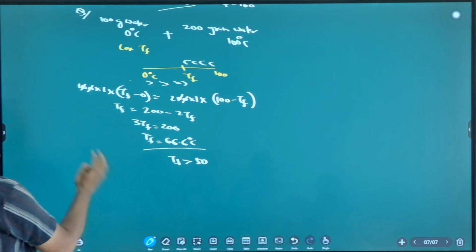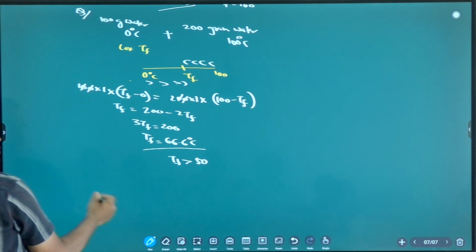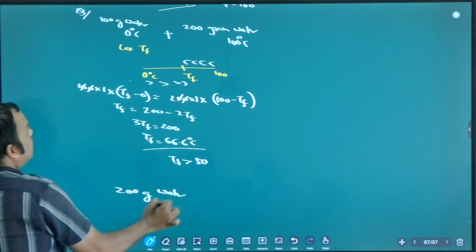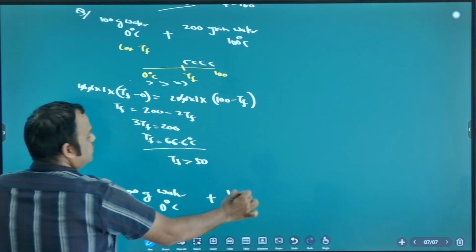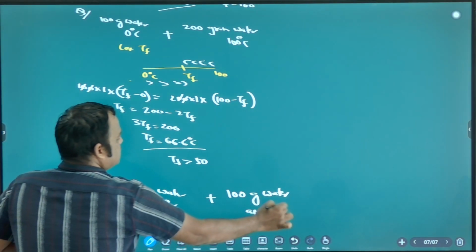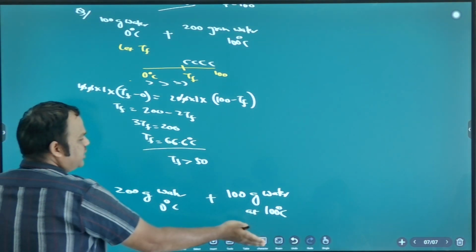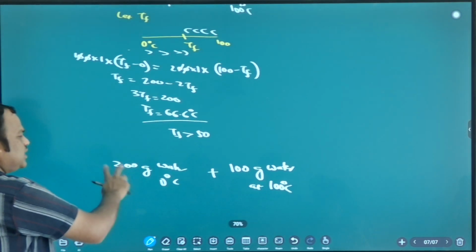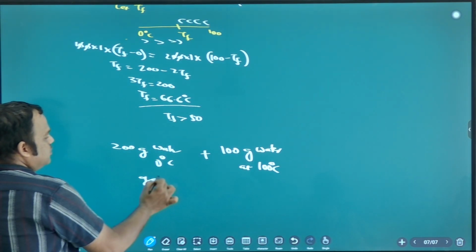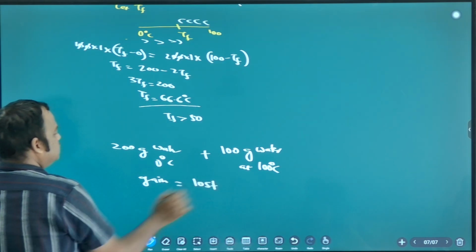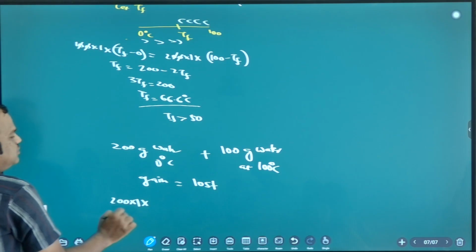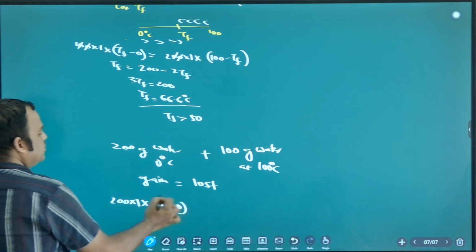Now suppose I increase this amount. 200 gram water at 0 degrees Celsius is mixed with 100 gram water at 100 degrees Celsius. Now you tell me, final temperature more than 50 or less than 50? Less than 50. Very good. So heat gain is equal to heat lost. Gain means m s delta T, 200 into 1 into Tf minus 0.